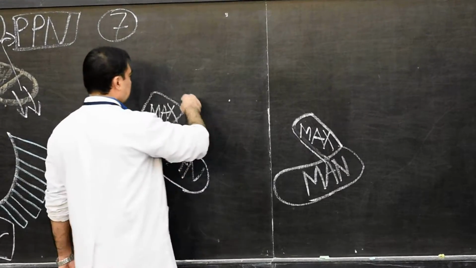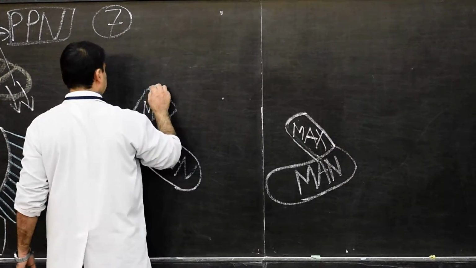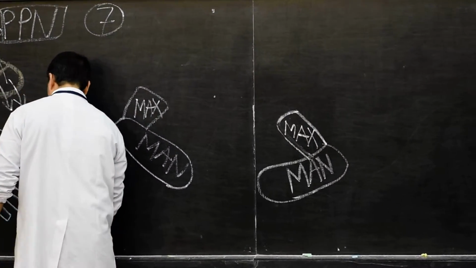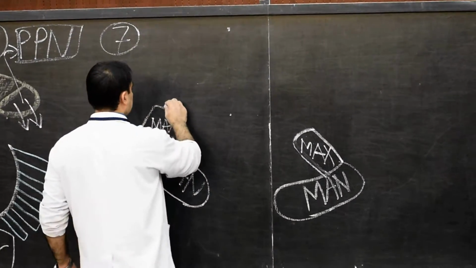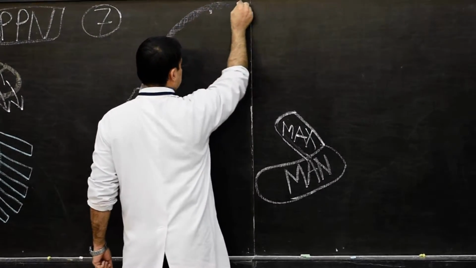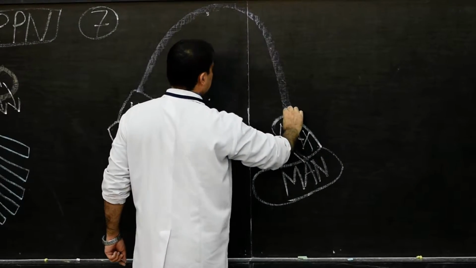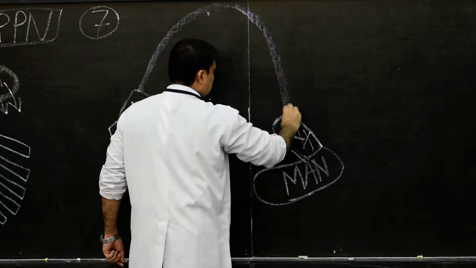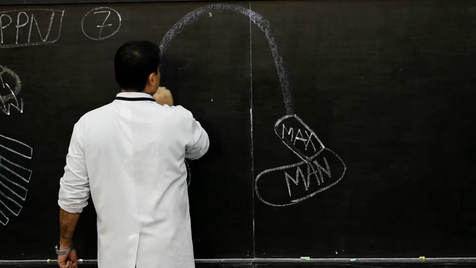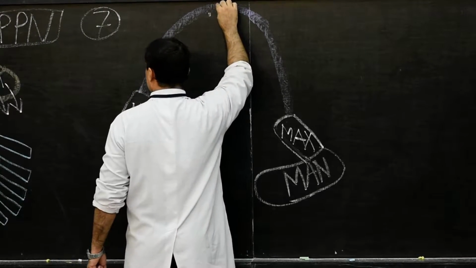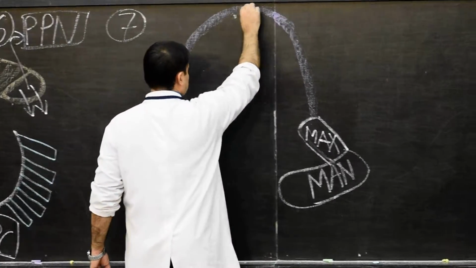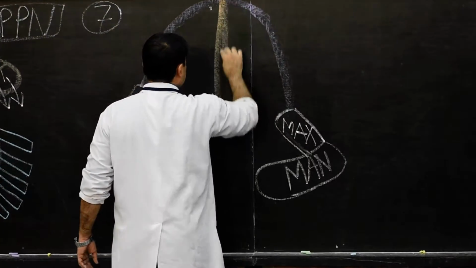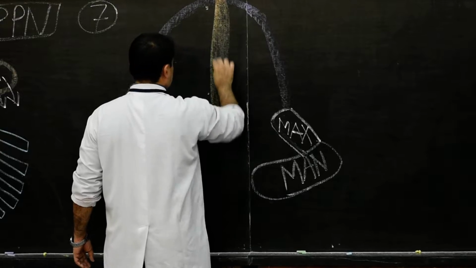Now, maxillary process will fuse with, if you recollect, they have fused with the, coming up with the lateral nasal process. This structure will be lateral nasal process, and in between there will be median nasal process, which will later on develop into nasal septum.